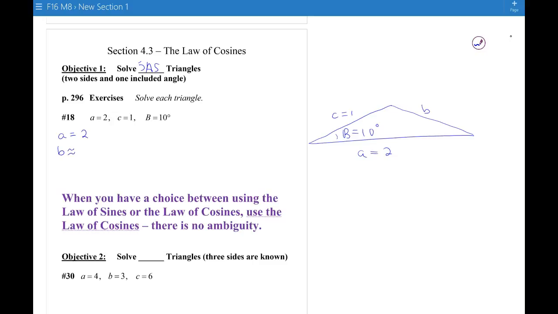I don't know B, so I'm going to calculate it, so that will be approximate. And C equals 1. Angle A, I'm going to calculate, so that will be approximate. Angle B is 10 degrees. And angle C, I don't know, so that's going to be also approximate.